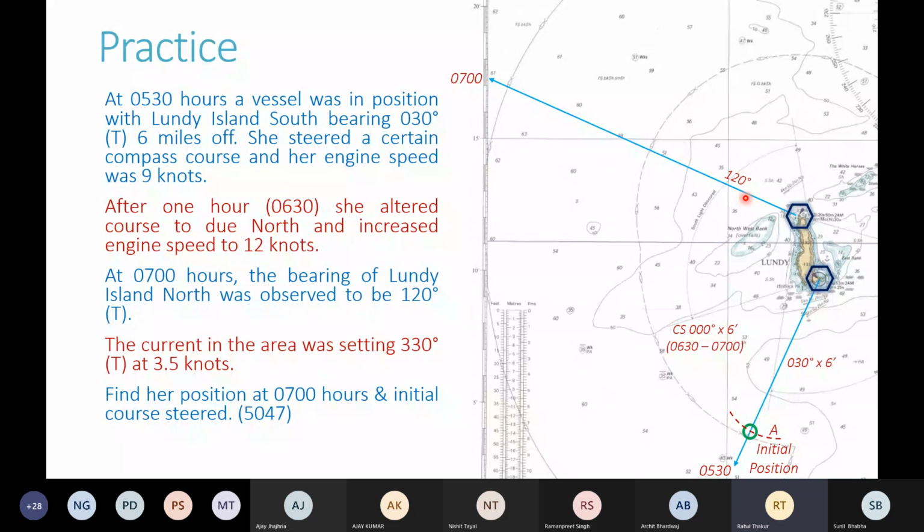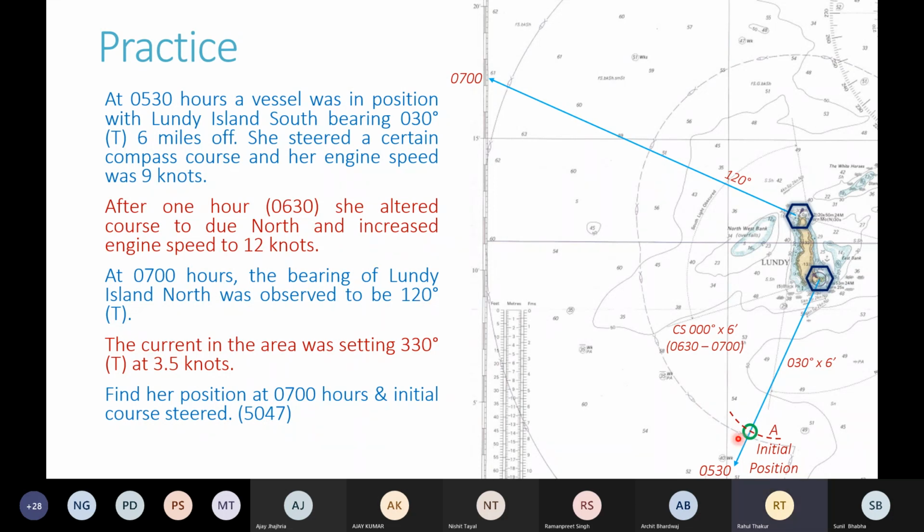Now, as I told you, whatever information is available to us, we will be plotting that information. So from 0630, we steered a course which is due north and our speed was 12 knots. So for half an hour, from 0630 to 0700, the distance covered would be 6 miles.